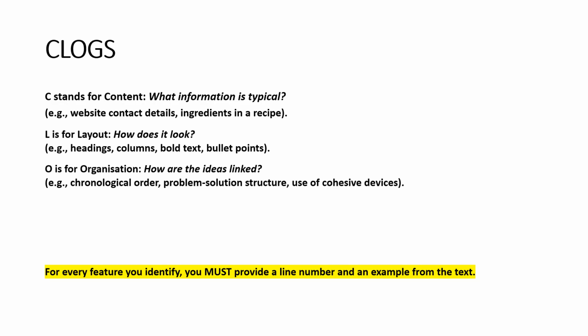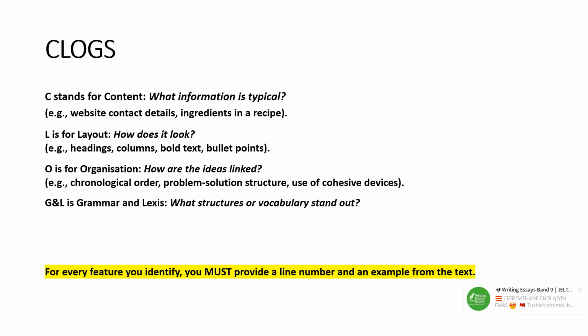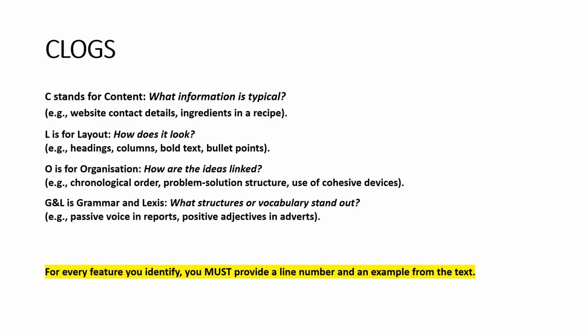Are the paragraphs in chronological order? Or is it a problem-solving structure, or sometimes interview questions and answers? G and L. G is for grammar and lexis. So are there a lot of passive voice sentences, or maybe imperative sentences to give commands or instructions?